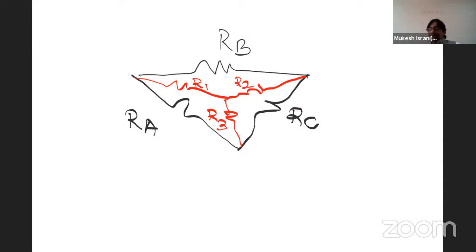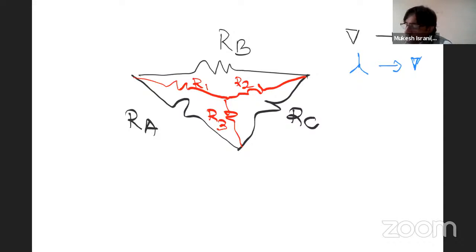Is that okay? Now, sometimes we'll need to convert a delta network to star, or sometimes we'll need to convert a star network to delta. So we'll see the formulas for both.